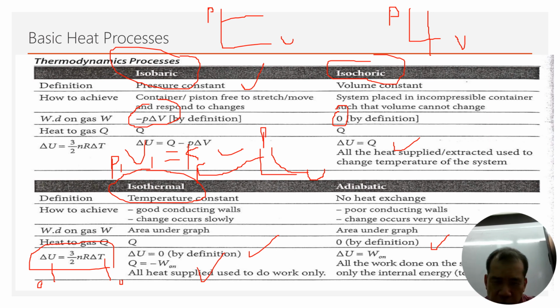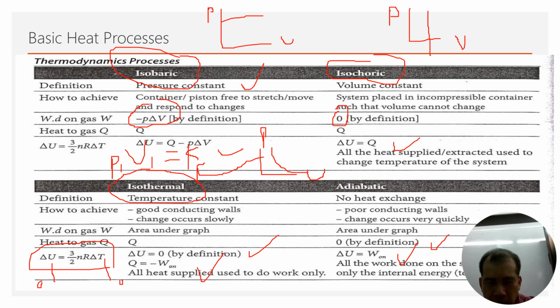So when you input Q equal to zero, your delta U equals the work done on the system. All the work done goes to increase the internal energy U. Now for isochoric, the energy you put into the system goes to change the internal energy, so Q equals delta U. Q going in affects the change in internal energy directly.